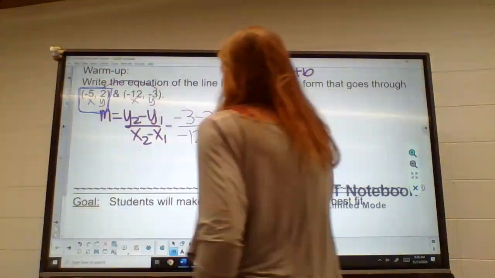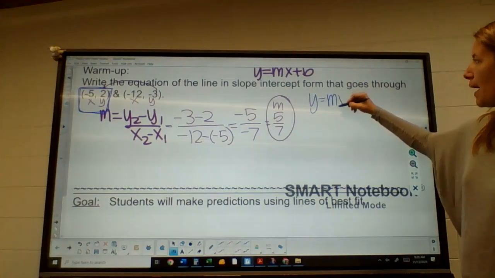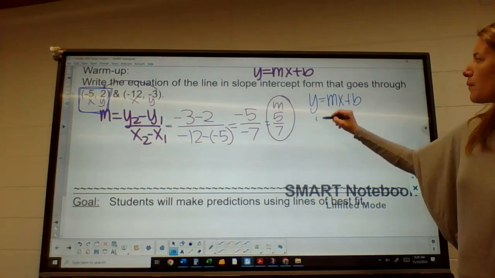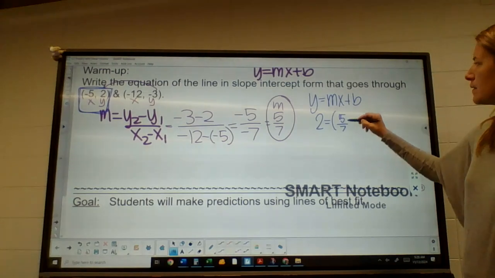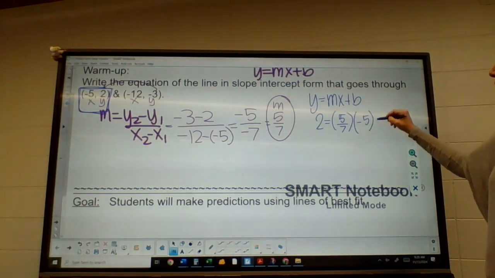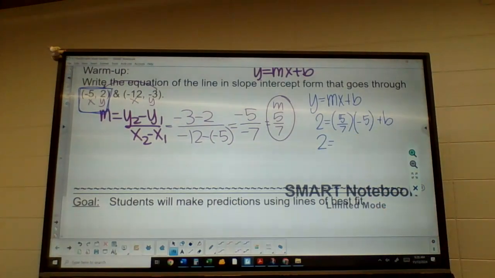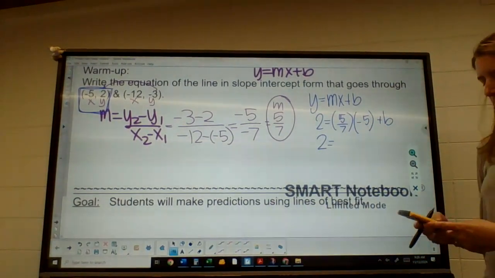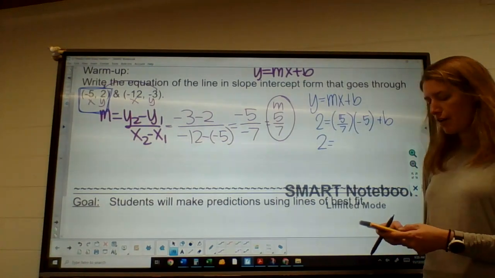So I'm going to put that in as my x and y. And I know m. So my y is 2, my m is 5/7, my x is -5 plus our b. Now I'm going to multiply that, and I'm going to get a decimal. And I like a decimal for my b value because I'm going to be graphing it, or I would normally graph it.